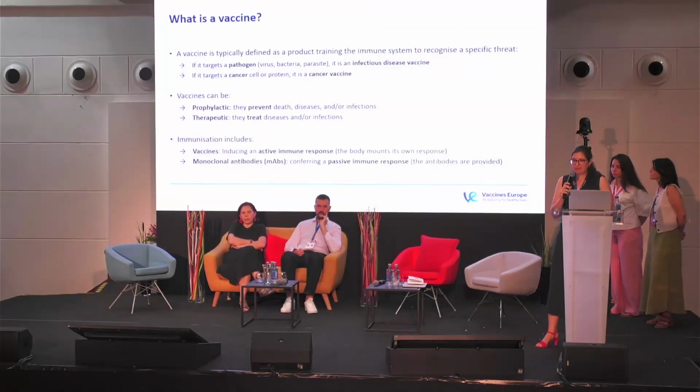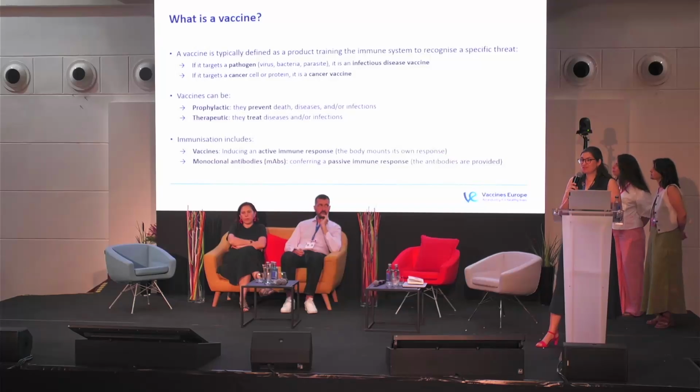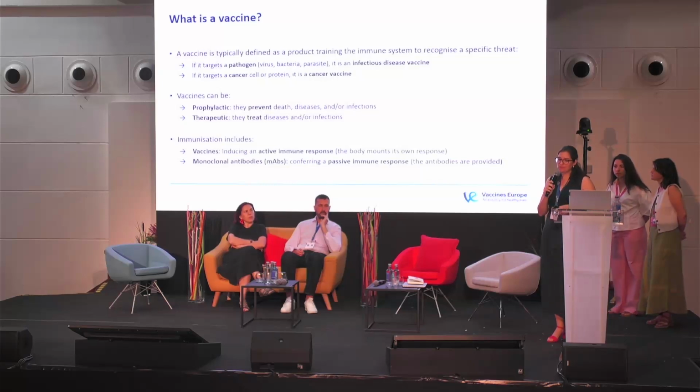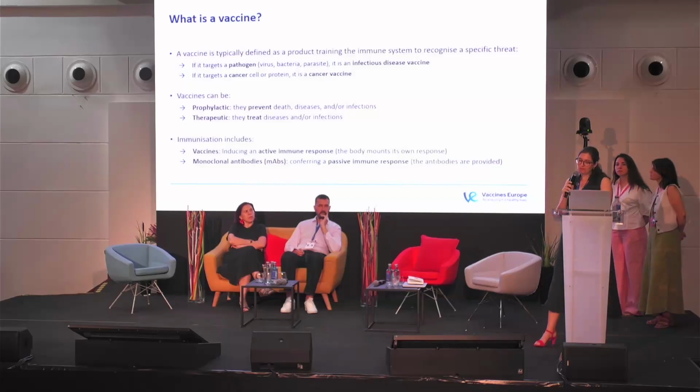So, as always, it's good to start with definitions because we realize when we talk to different people, sometimes we have different understandings of what we're talking about. Starting with what a vaccine is, it's typically a product that trains the immune system to produce a response against a specific threat.